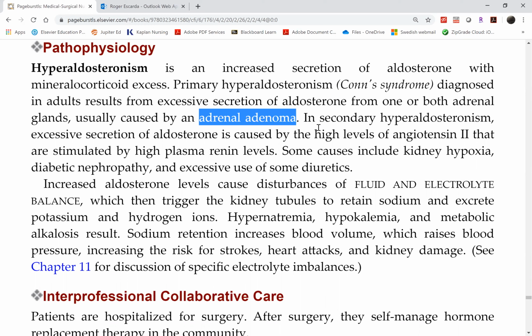But unlike the next one, which is pheochromocytoma, this one only affects the aldosterone level, unlike Cushing's, wherein it affects other hormones. This adenoma is simply the one secreting a large amount of aldosterone.